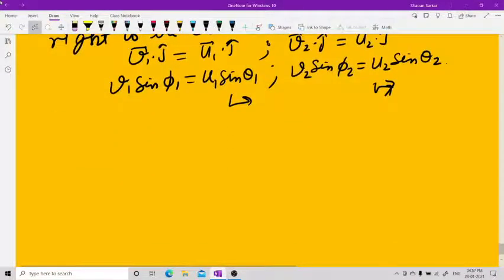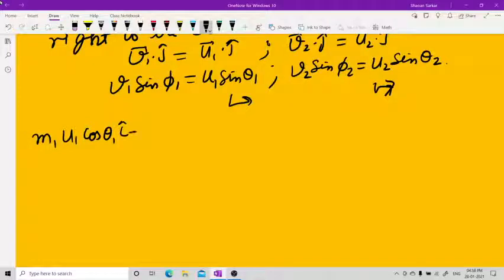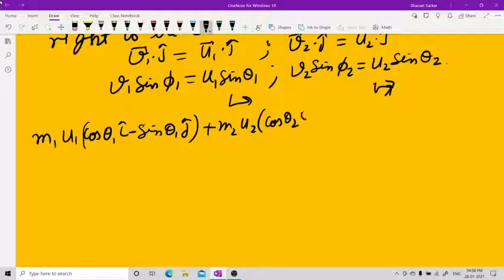See what is happening. You have m1 u1 cos theta 1 i cap minus sin theta 1 j cap, plus m2 u2 cos theta 2 i cap minus sin theta 2 j cap.